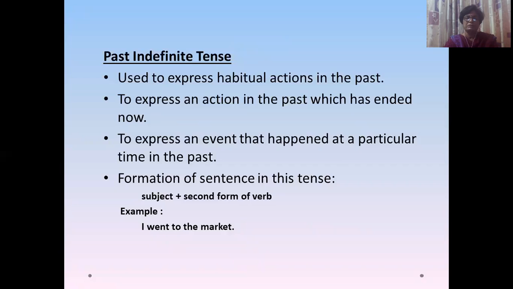For the formation of a sentence in this tense, there will be the subject and the second form of the verb. I've given an example: I went to the market. So here the verb is went and it is in the second form. And this is how we write in past indefinite tense.